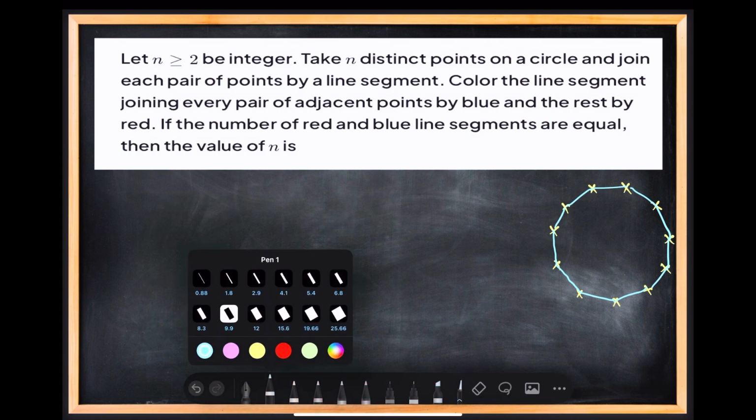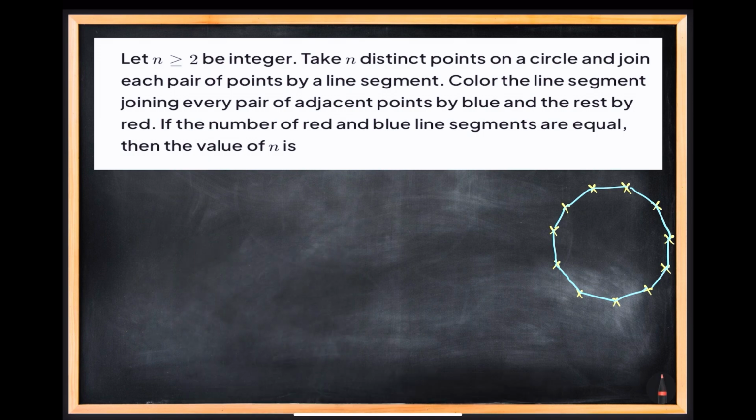Now the remaining lines are red. Look at this. So can I say that the sides are blue and diagonals are red? Correct or wrong?